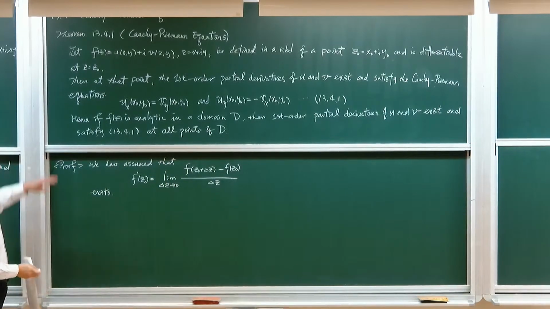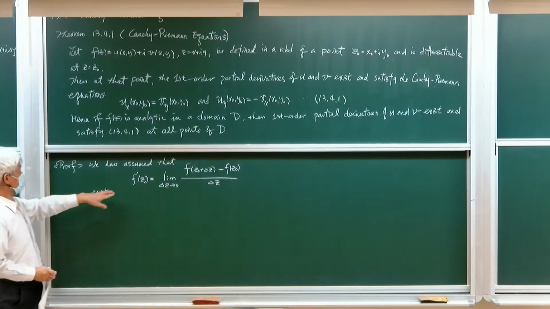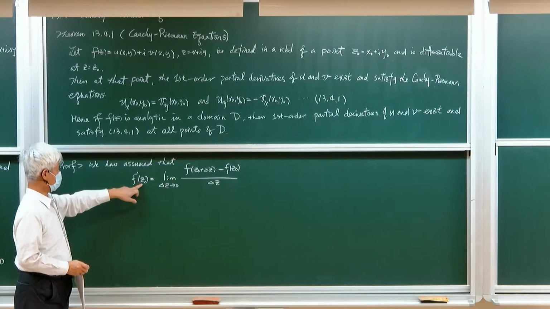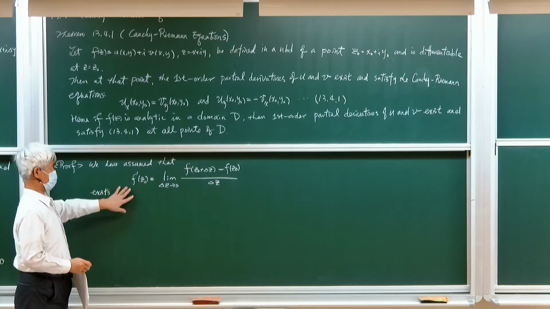The premise of the theorem assumes that the derivative at z equals z0 exists.